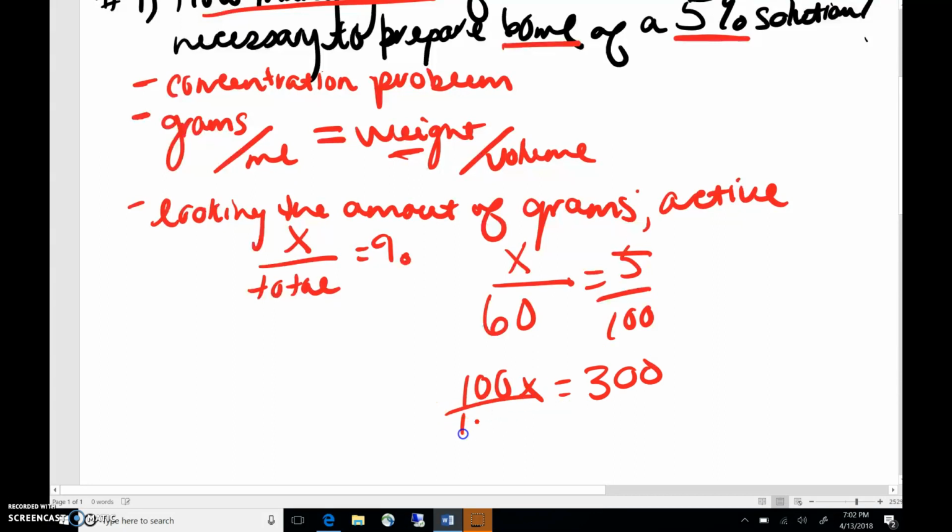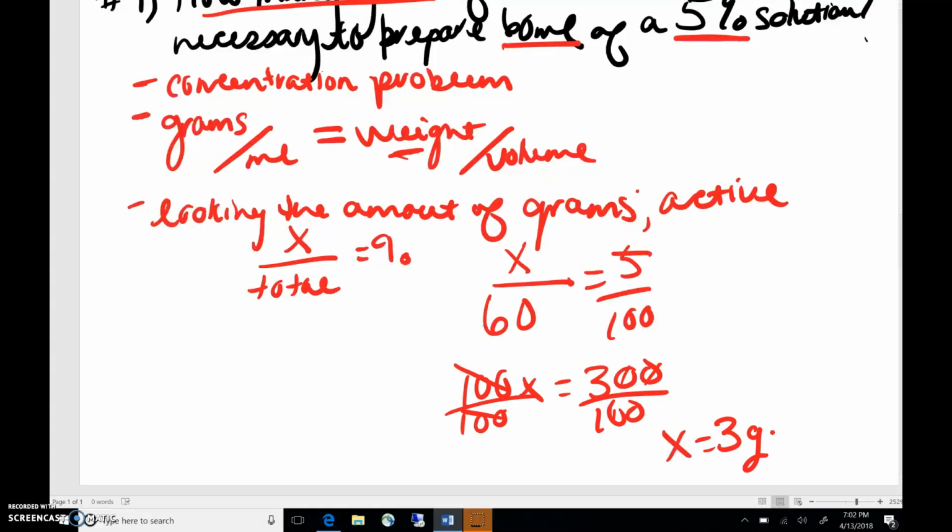And then you're going to divide 100 on both sides. And x equals 3 grams. That is the answer for number 7. You're going to need 3 grams of boric acid in order to prepare 60 milliliters of a solution that has a concentration of 5%.